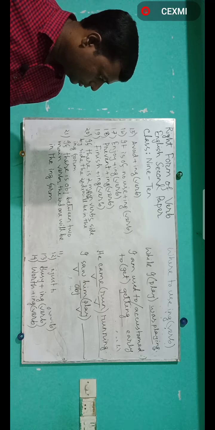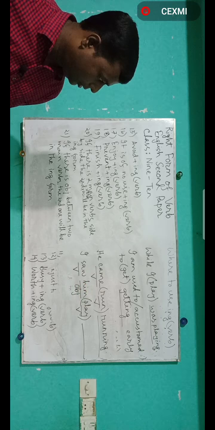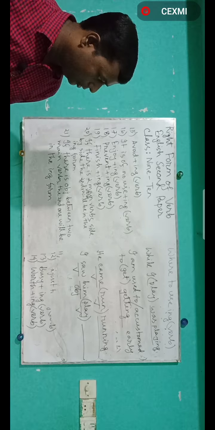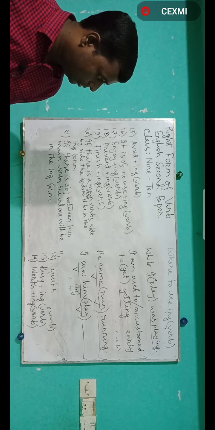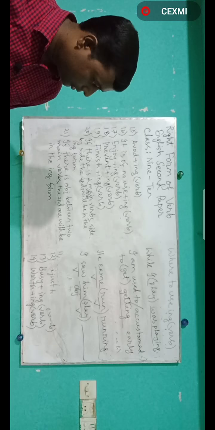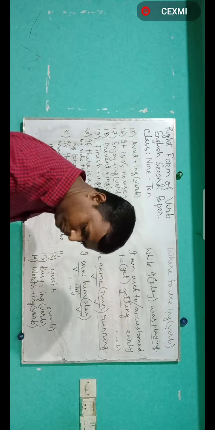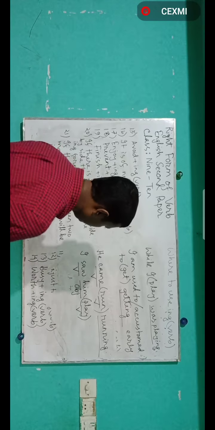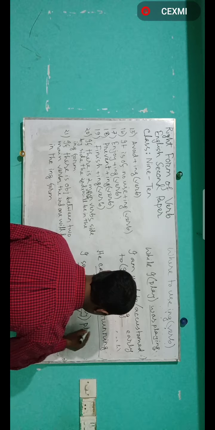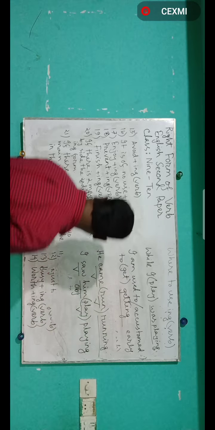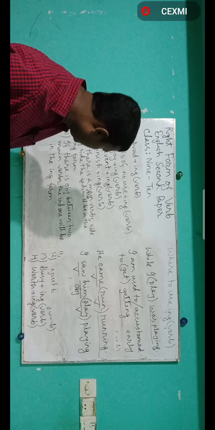That means there is an object between two main verbs. So the second verb will be in the ing form. So what will be the answer? The answer will certainly be playing. Then come to the next one.